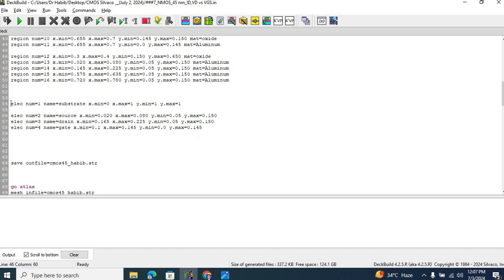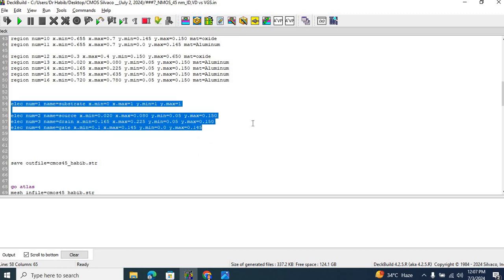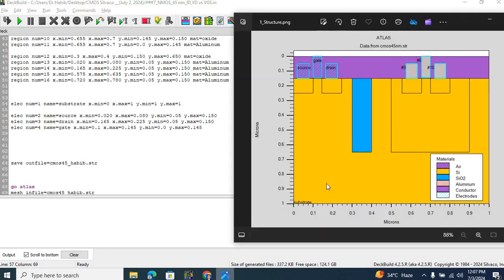Similarly, in this block, I have defined the electrodes. So I will define the back side of this structure as the substrate layer. Similarly, I have defined electrode source and drain. So what I'm trying to do is, I've shown you a previous structure which resembles the CMOS inverter.